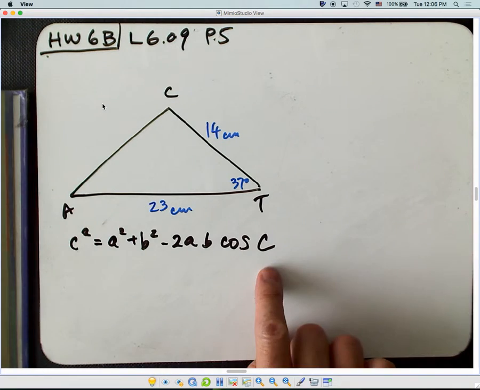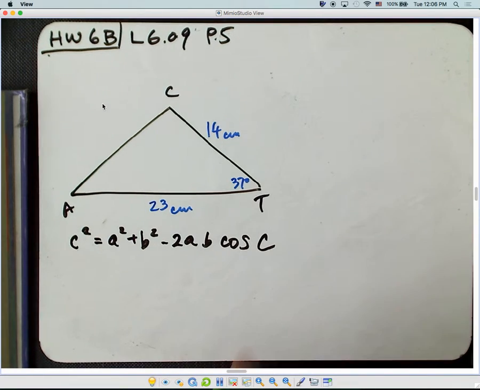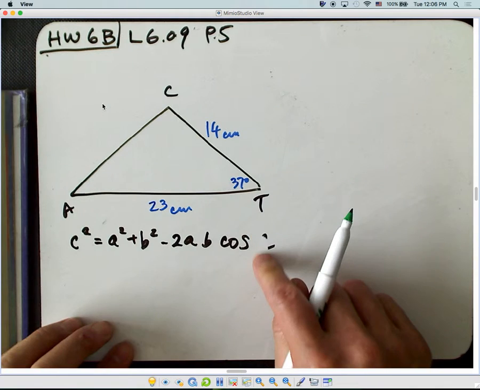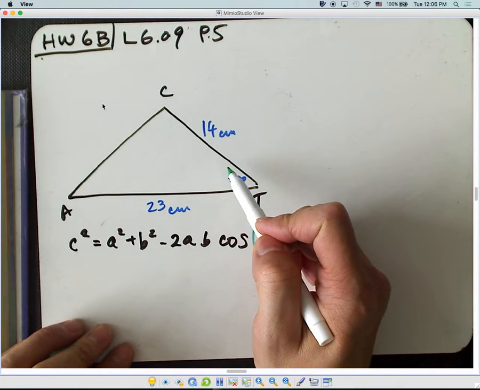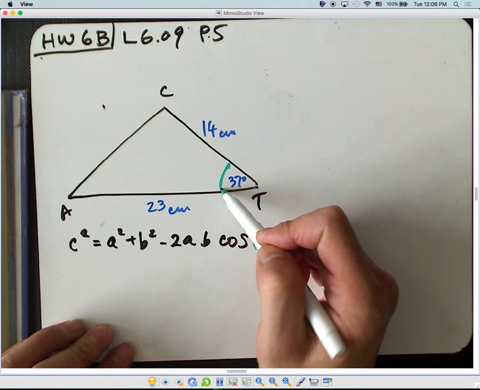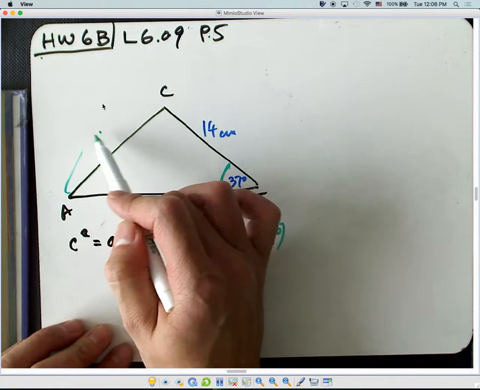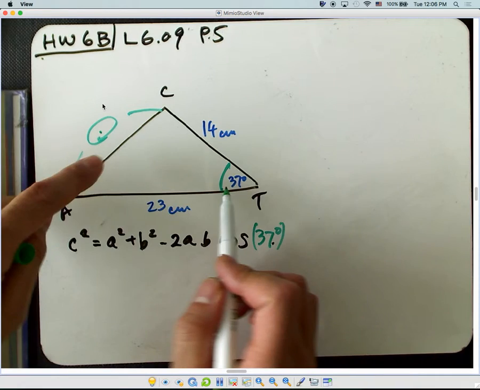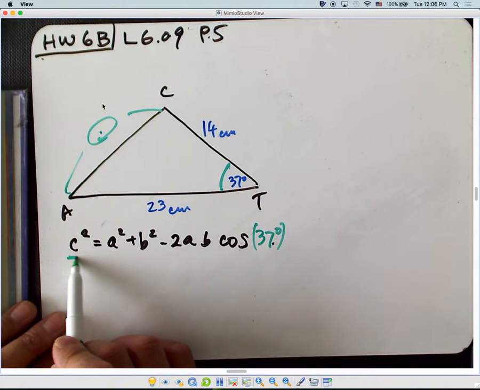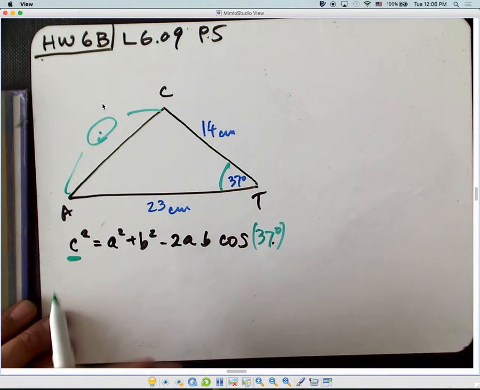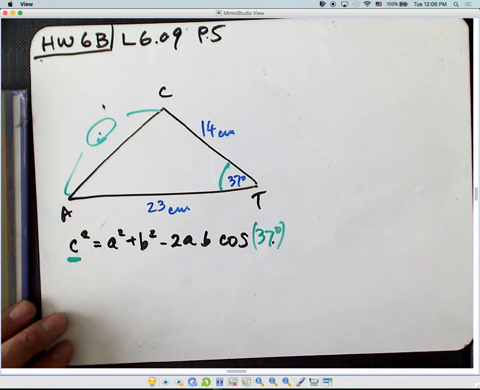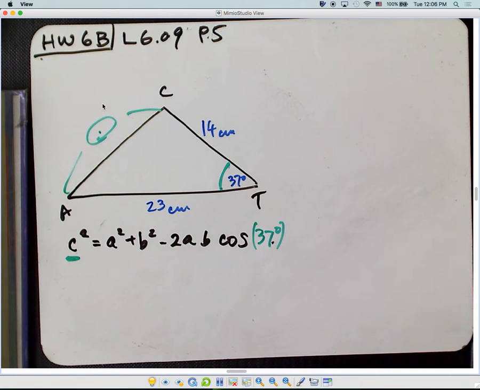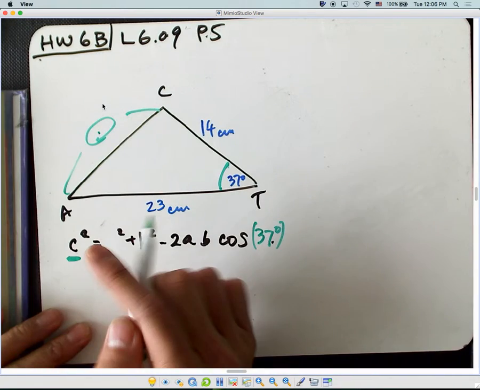Right? This c has to be the degrees. So let's replace it with 37 degrees. If this is angle C, right, C has to be this one, because it's opposite. So we cannot replace C squared with that. So A and B have to be 23 and 14. So plug that in.